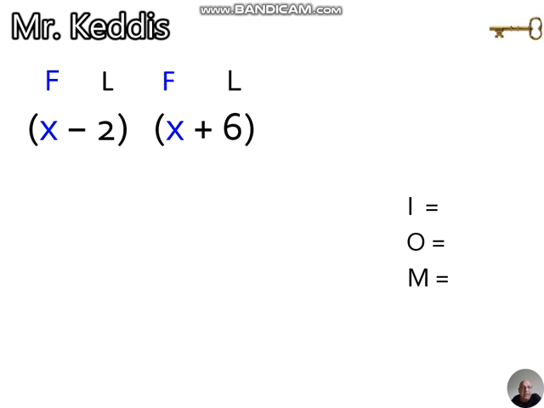Again, first times first, I get the first term. Last times last, negative 2 times positive 6, I get negative 12. The product of the inner term, negative 2 times x, I get negative 2x.